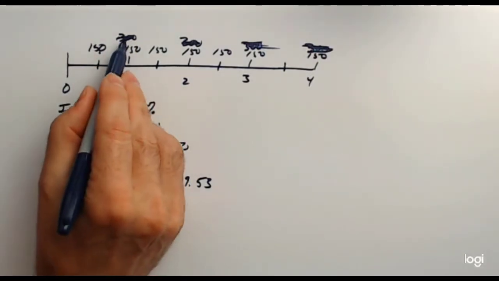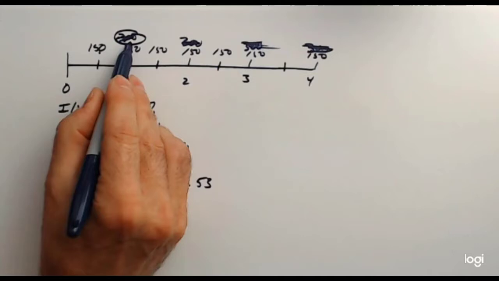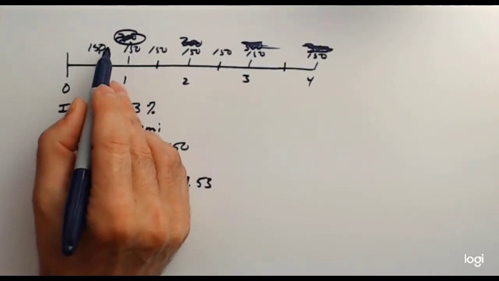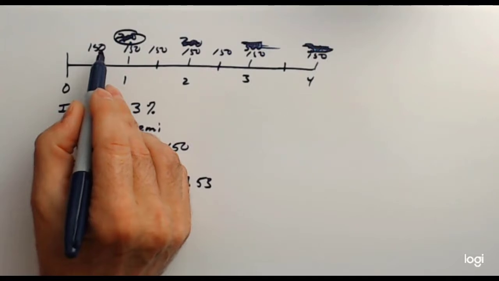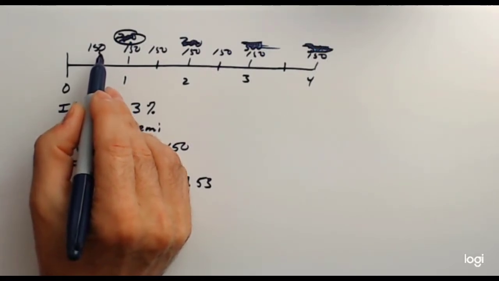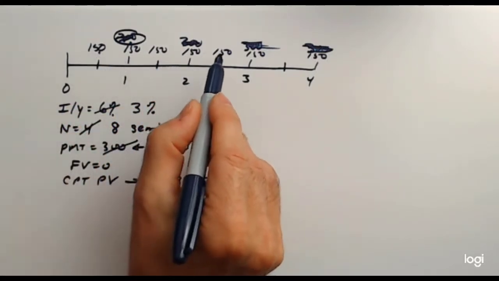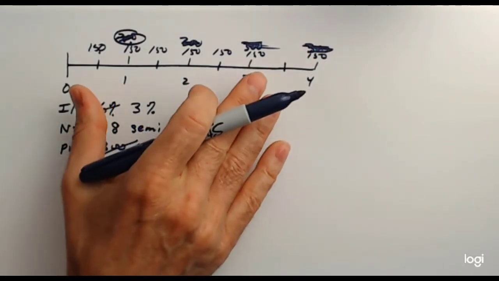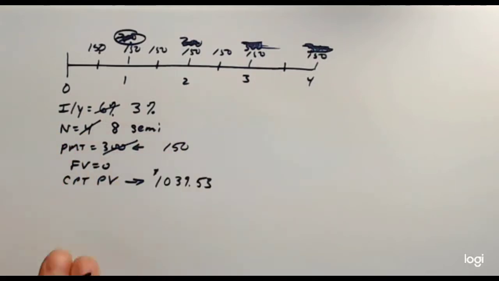Because here, when it was annual and we had this $300, you had to wait an entire year to get that $300. Now we're getting 150 of it 6 months earlier than we normally would. We're getting our cash flows 6 months earlier. So from that perspective, you can see that this is probably going to be worth a little bit more.